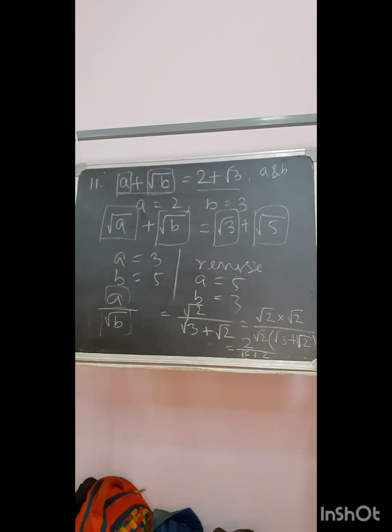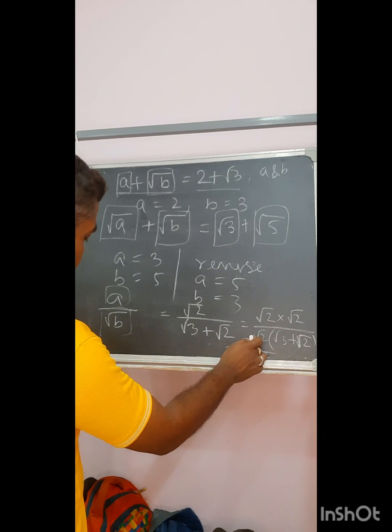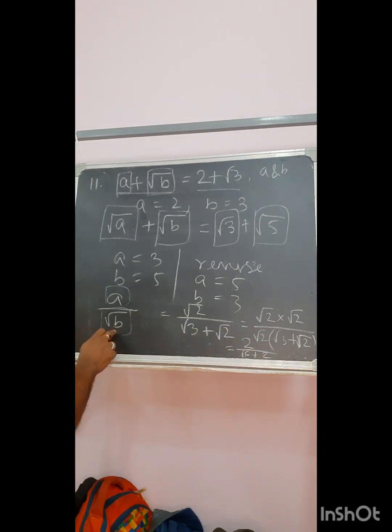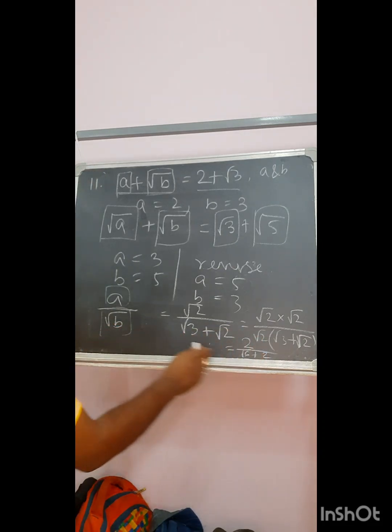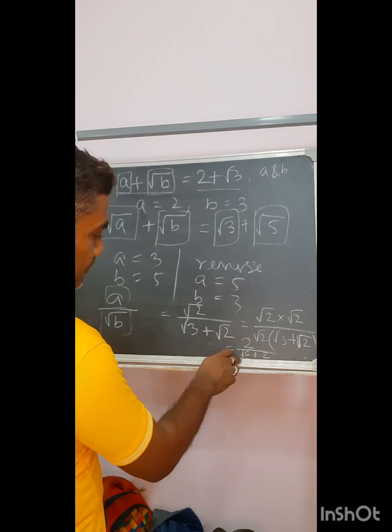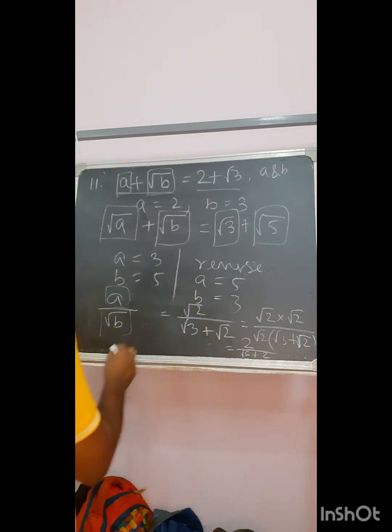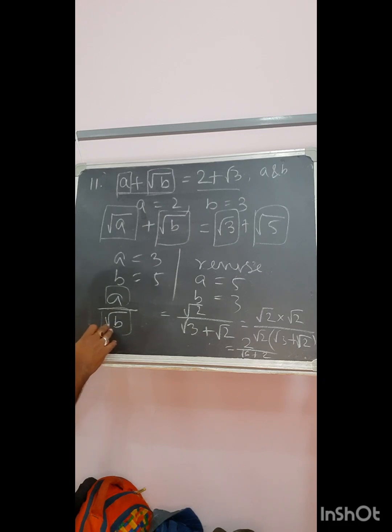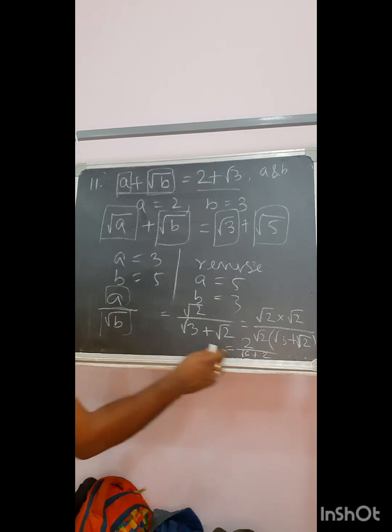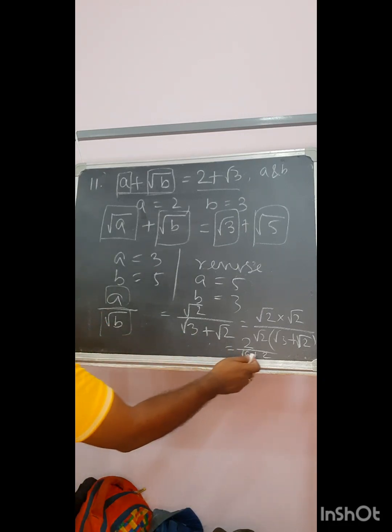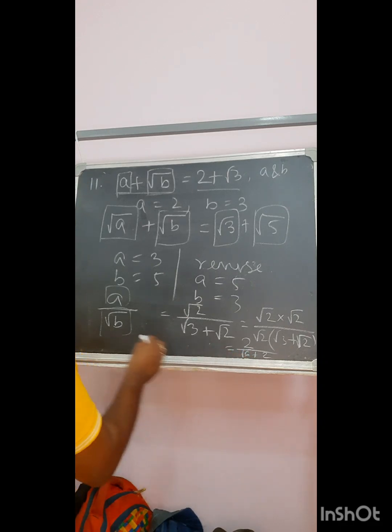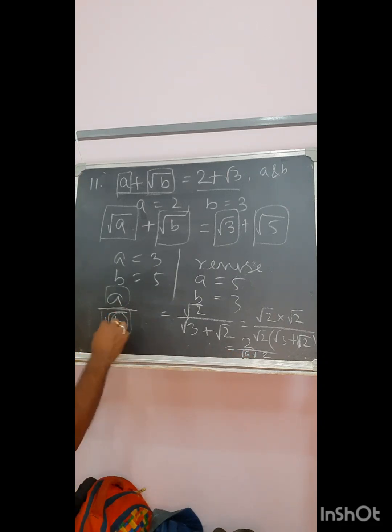So in this case, if you see, a is equal to 2, and this root b is 2 plus root 6. So this also you can equalize, because if I say root b is 2 plus root 6, that means b is a perfect square of something which will remove the root over b.